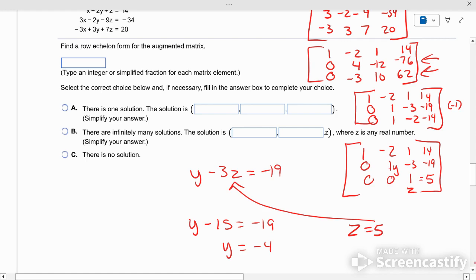This first equation is x, y, and z. So I know 1x minus 2y plus 1z equals 14. I know z is 5. I know y is negative 4. And I'm figuring out what x is.